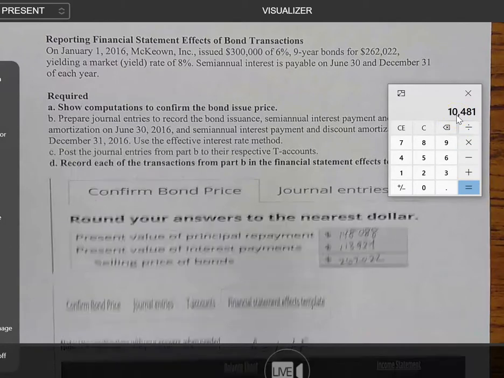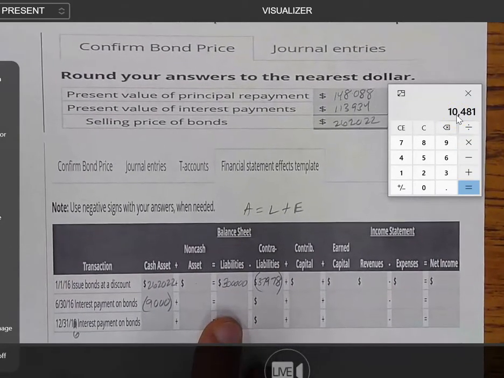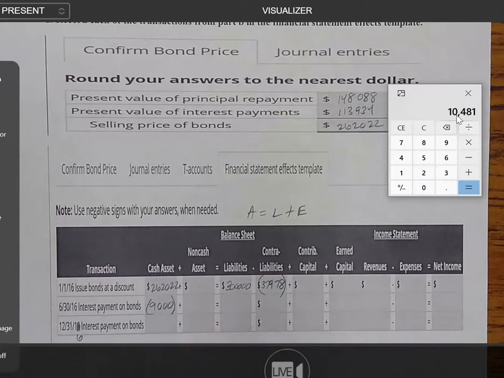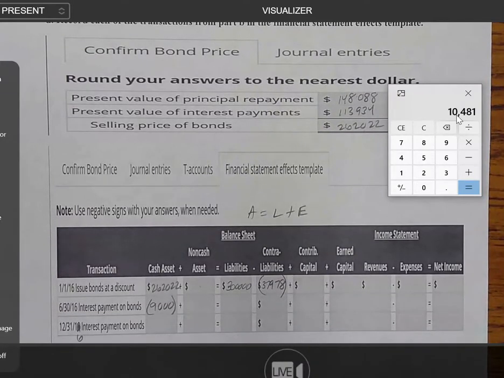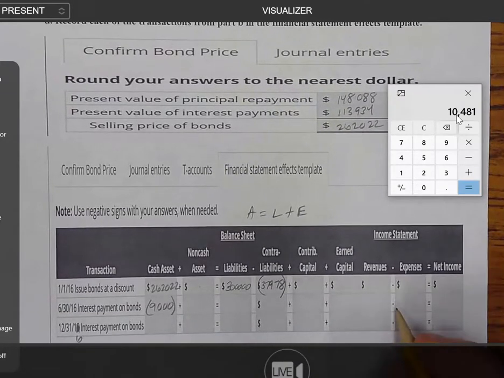Okay, so let's move this down. And the expense itself is actually going up. So we have 10,481 as an expense. And then we also need to recognize that net income is going to go down.